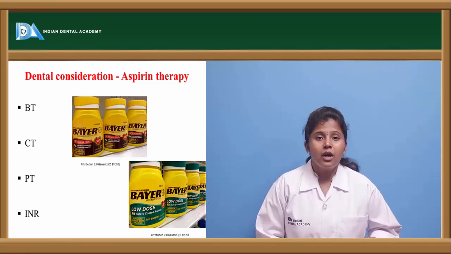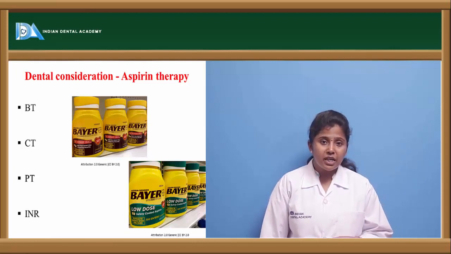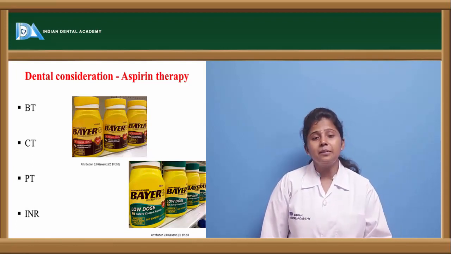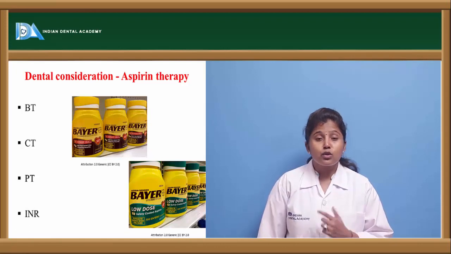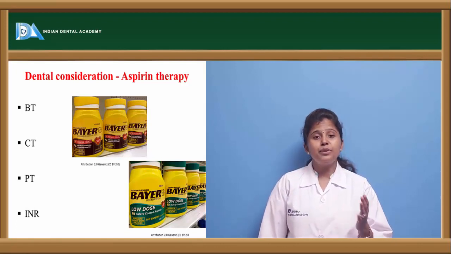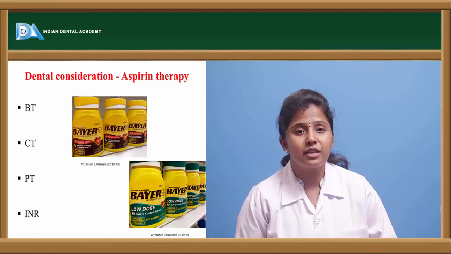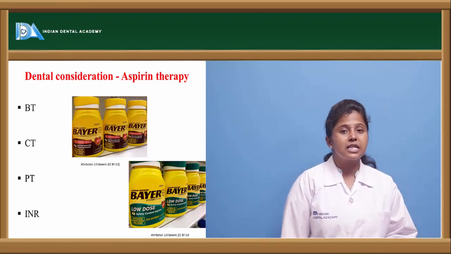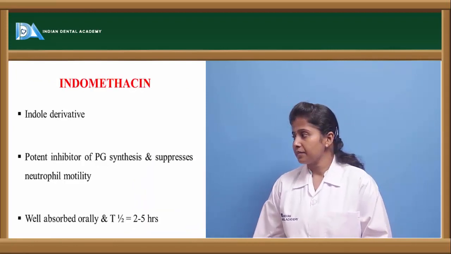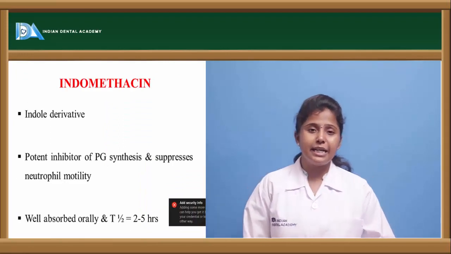INR is a measure used in laboratory conditions to see the time taken for the blood to clot. All these parameters are to be considered while giving aspirin therapy if a person consults a dentist.